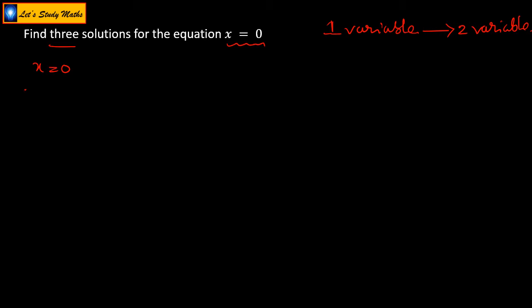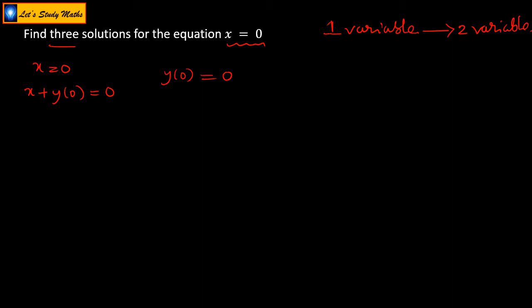So I am writing now x plus y into 0 is equal to 0. So I am adding y into 0 in the equation. y into 0 is nothing but 0 here. If you add 0 in the equation, there will be no change in the equation. So x plus y into 0 is equal to 0 is the equation now.